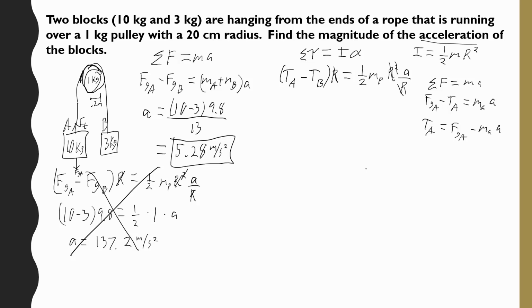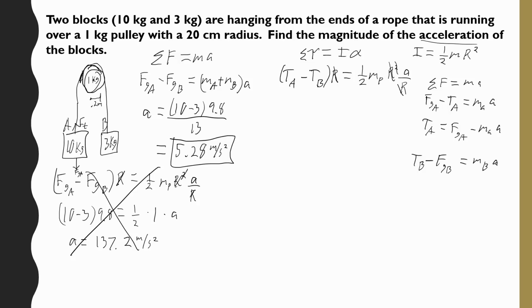And then we're going to do the same thing for block B. So on block B, just so that I have the same signs on my accelerations, I'm going to do the larger force minus the smaller force.